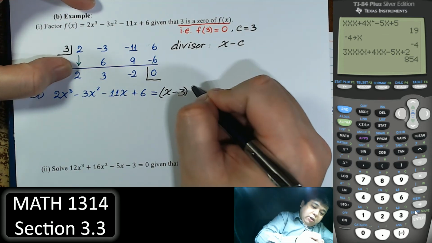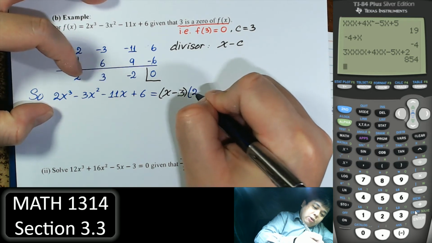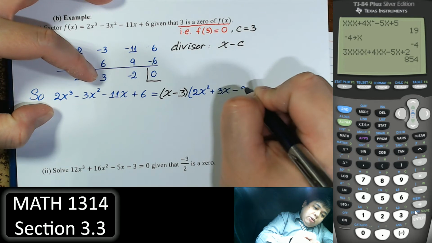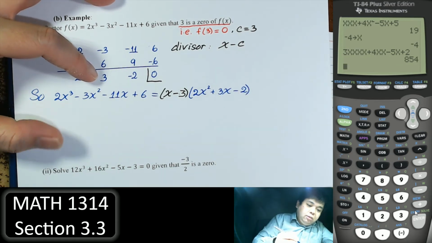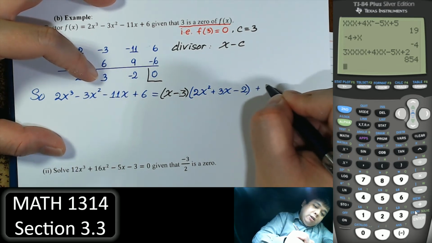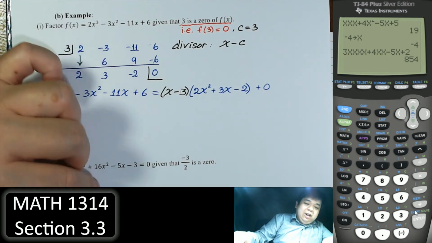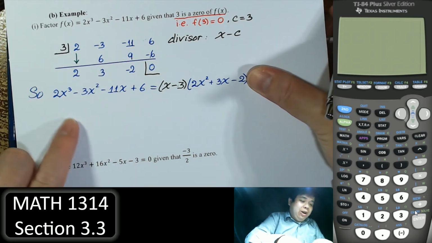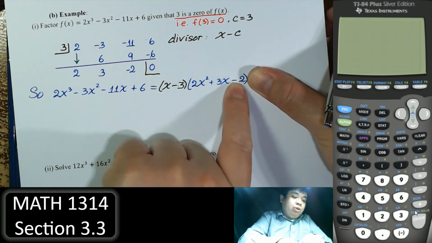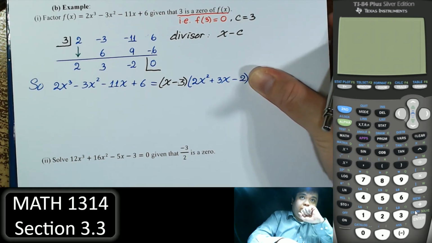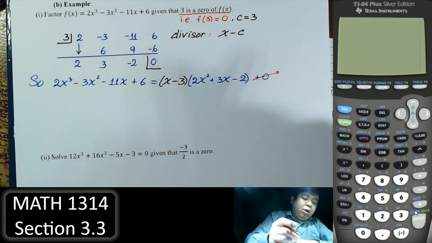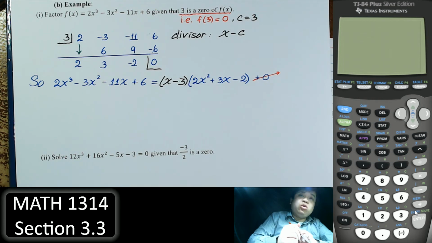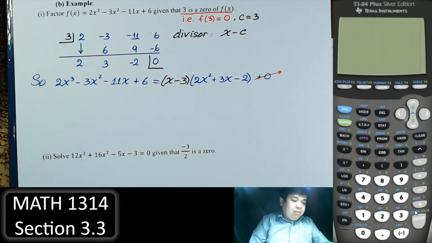The quotient will be this, 2x squared plus 3x minus 2, plus remainder of 0. Of course, we don't need to write that. So now we see that it is factored into this, right? The remaining part is that we just need to factor 2x squared plus 3x minus 2.